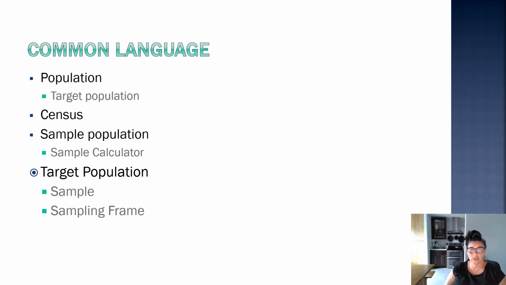You are going to look at your census, and then you're going to calculate how many people you need to talk to so that it can be representative, meaning how many people I need to talk to so that I can generalize to everybody who attends public high school in Orange County. And we can do so with a sample calculator.